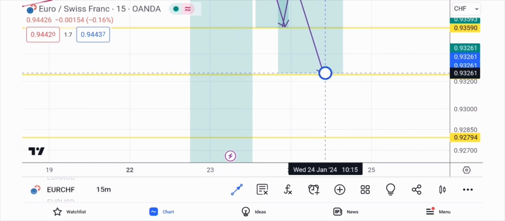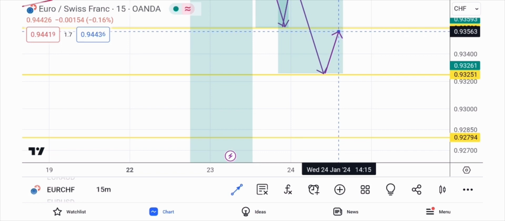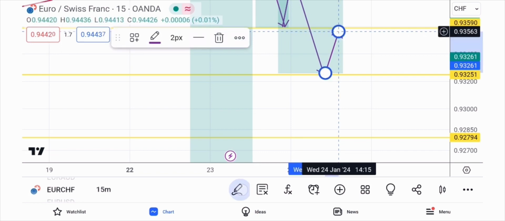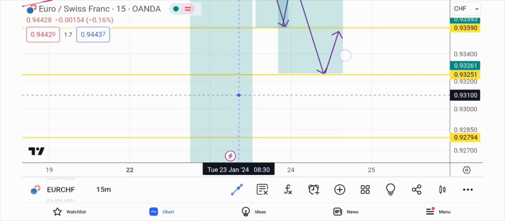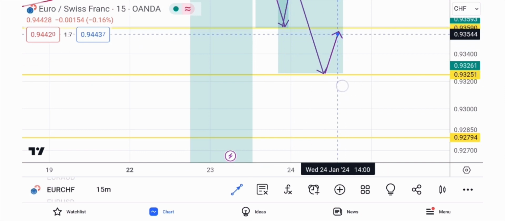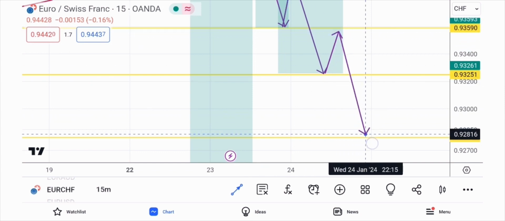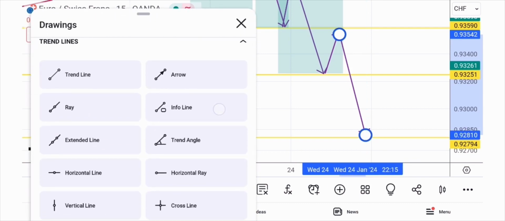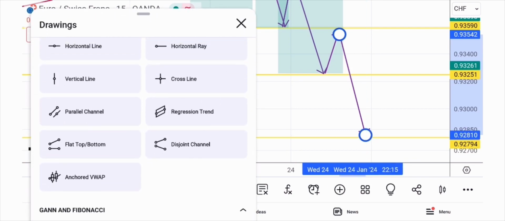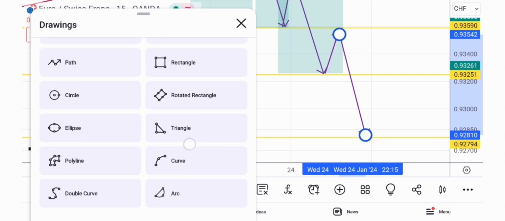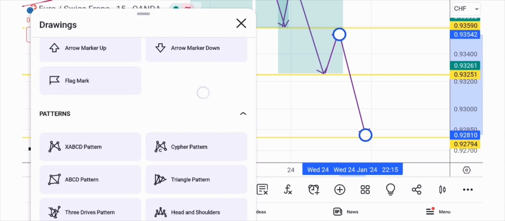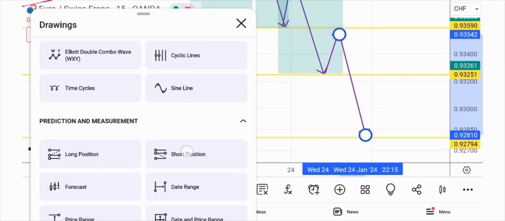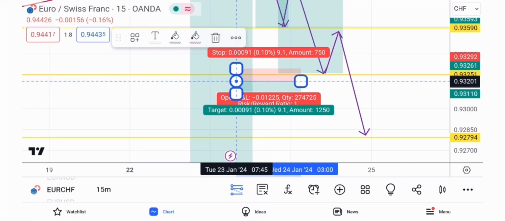It goes back to the previous zone, right? And then it continues going down to the next zone, right? So when it goes to the next zone, that's where you get another entry level.